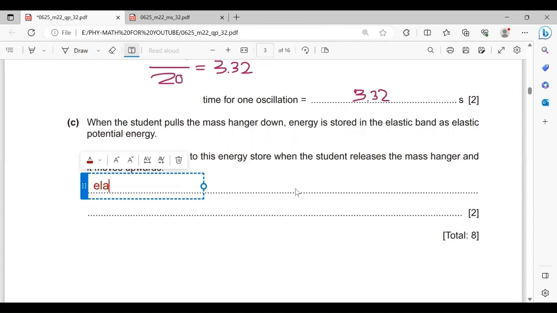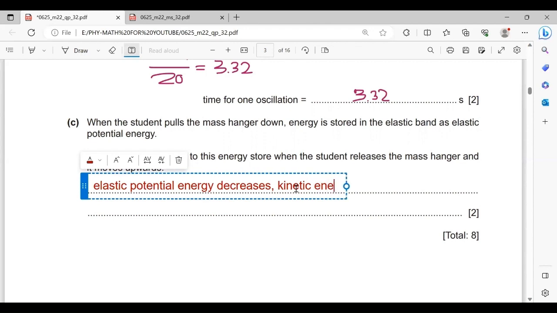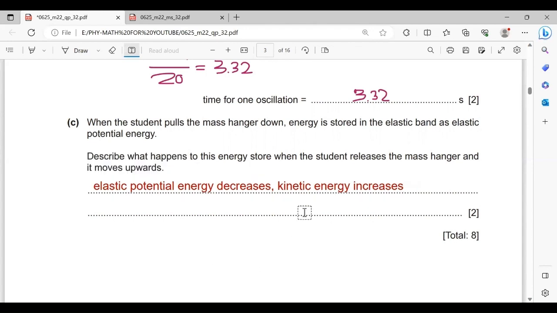So elastic potential energy decreases while kinetic energy increases. Let's continue.